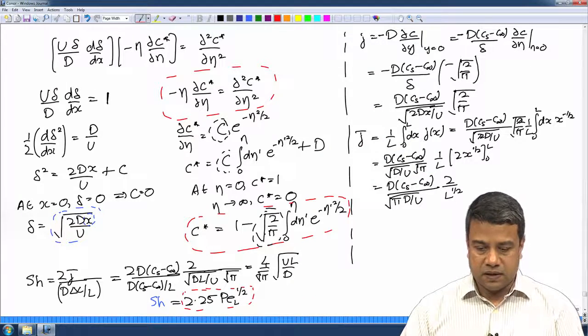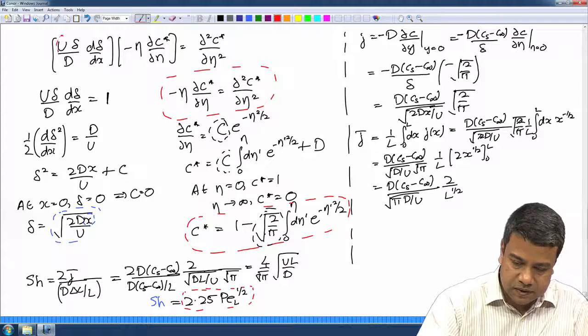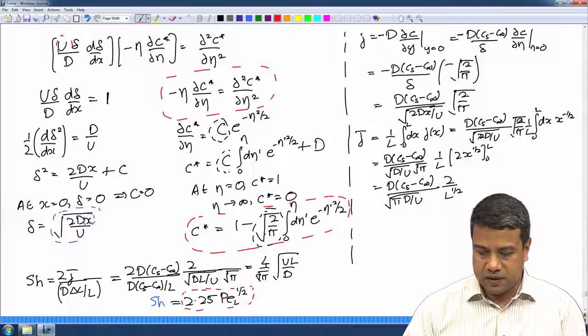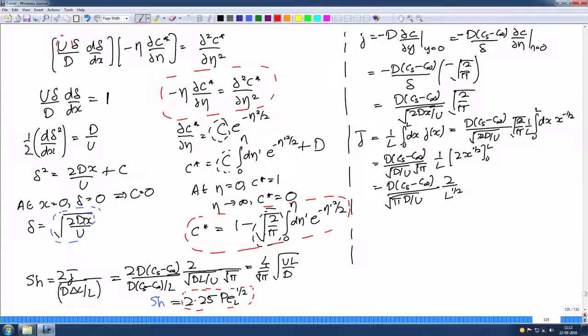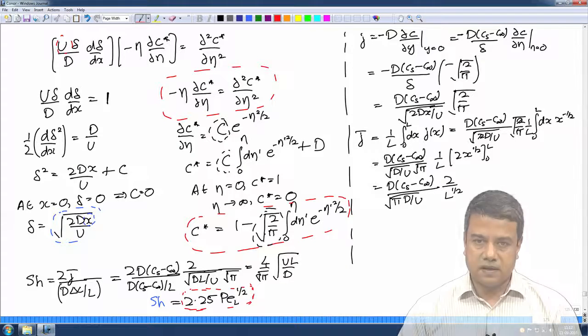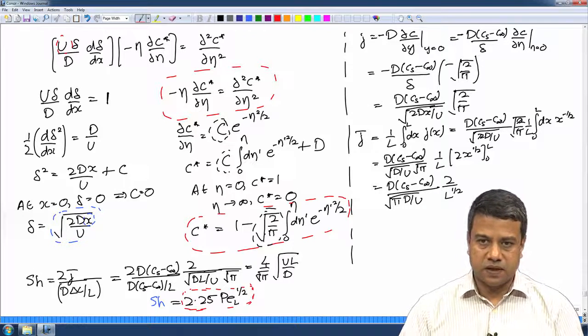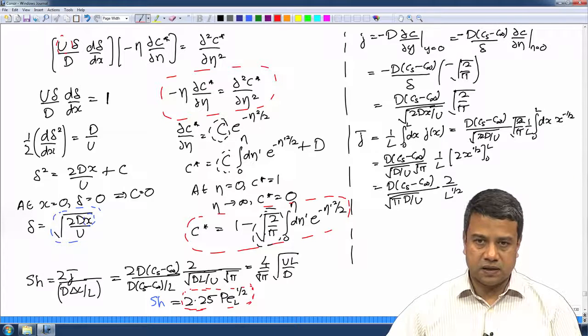That is because the velocity is finite close to the surface, and I have two derivatives with respect to the boundary layer thickness here. Because of that, I will get a boundary layer thickness that goes as Peclet number to the -1/2. Consequently, the Sherwood number or the Nusselt number will go as Peclet number to the +1/2. This is true for any surface which has a non-zero velocity at the surface, where the flow is convected at a finite velocity at the surface.